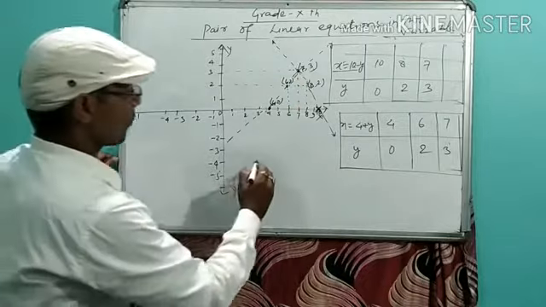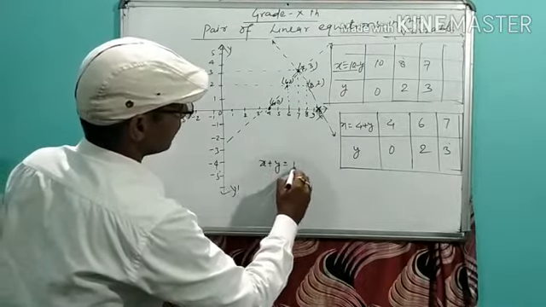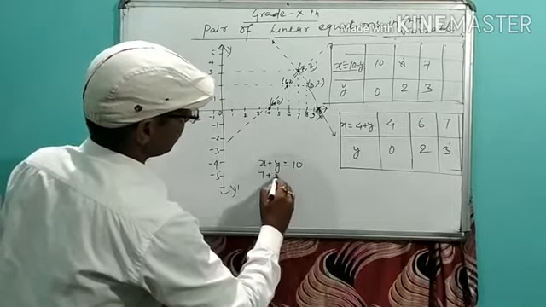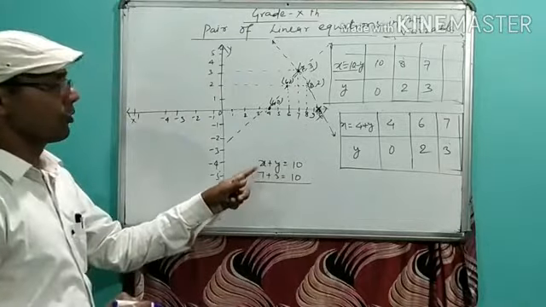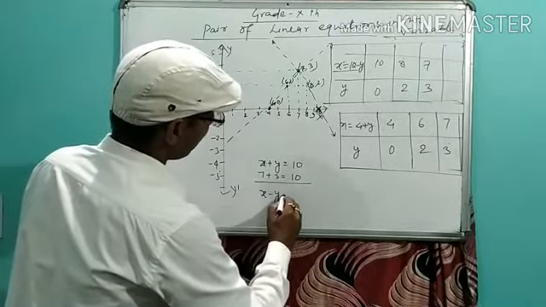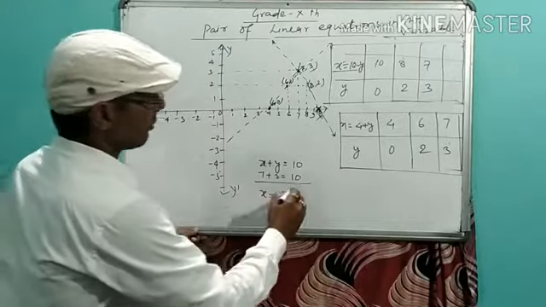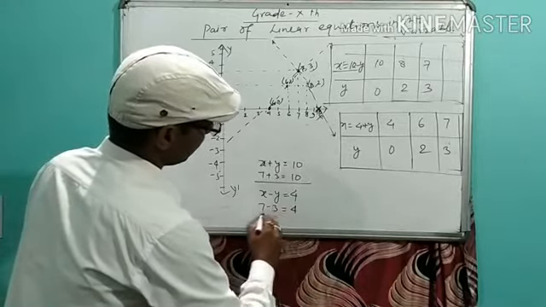Now what is your question? x plus y is equal to 10. 7 plus 3 is equal to 10. Okay, you get the values of x and y or not? And x minus y is equal to what was it? 4. 7 minus 3 will be 4.